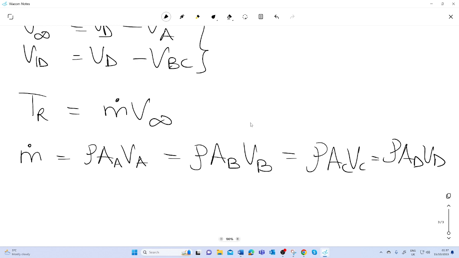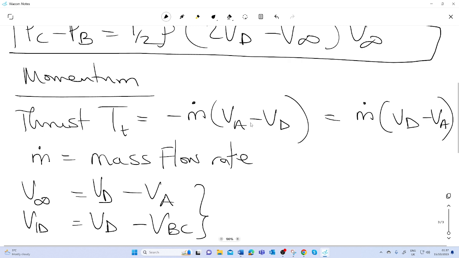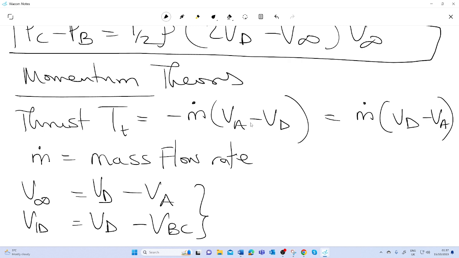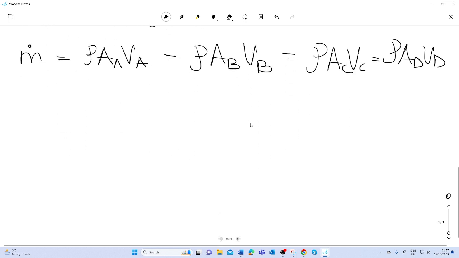The momentum theory, just like we assume from the momentum theory of the windmill brake, that the mass flow rate will be constant from one section to another.